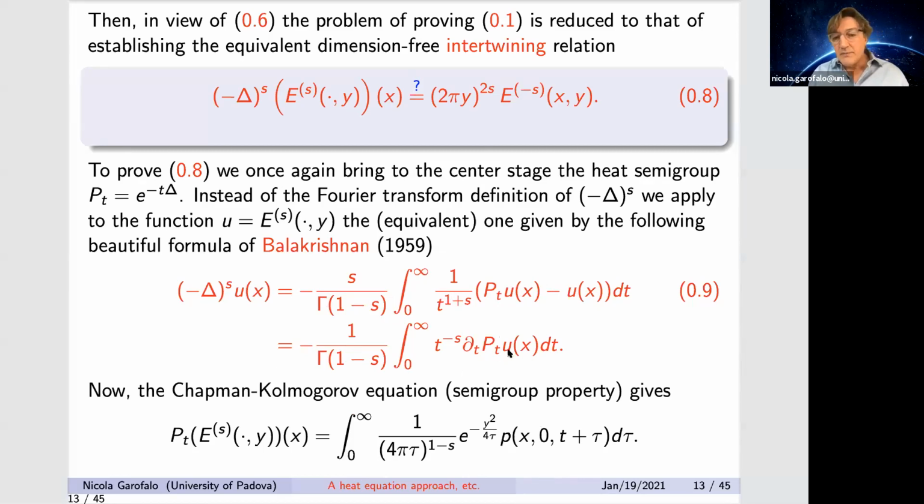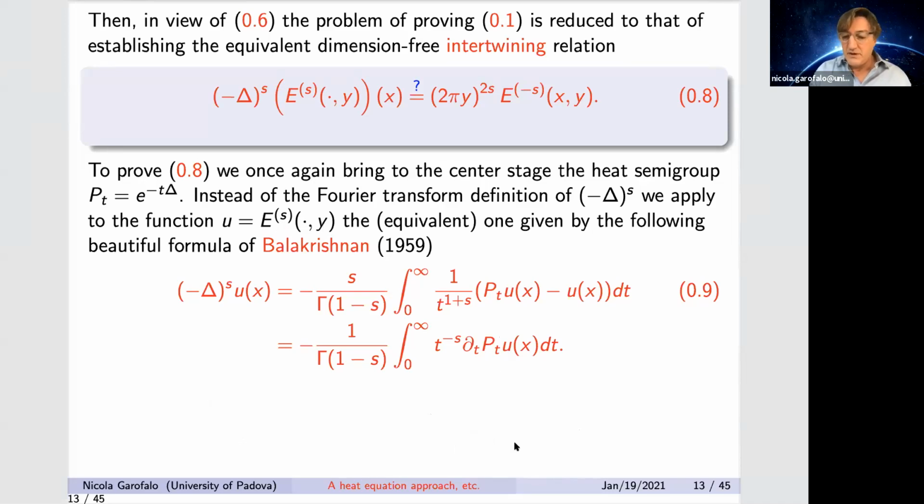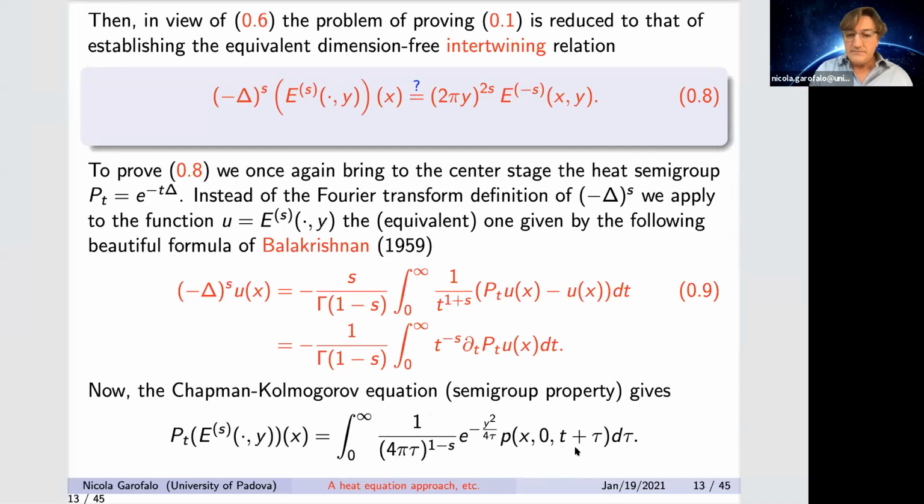So now I want to apply this to u equal to E^s(·, y). If I do that and I use the semigroup property of the heat semigroup, the Chapman-Kolmogorov equation, then I will get this. Notice I need to compute P_t of this function to get this thing here.